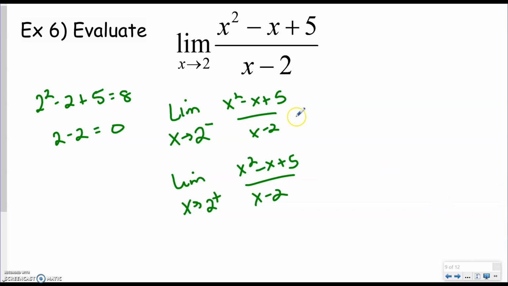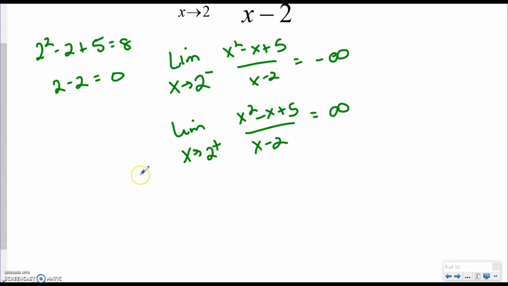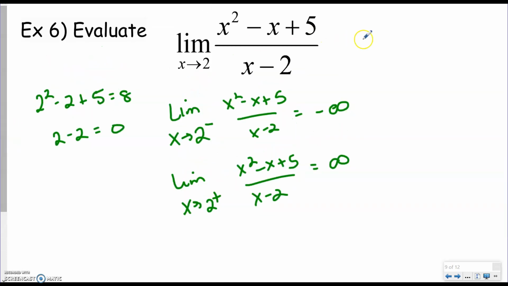But on the left side, it's going to negative infinity. On the right side, it's going to positive infinity. There's actually an asymptote there. So what we would say is that the limit does not exist there. Okay, and again, look at that graph. You'll definitely see that it's not continuous.